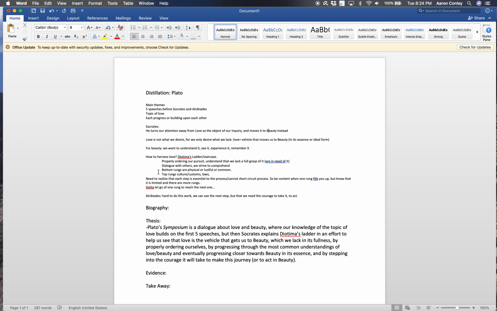We need to realize, though, and this is really important, that every single rung of the ladder is essential. We cannot skip steps. So if you're in the lustful phase of life and love, and beauty is seen in the sort of physical pleasures, then live in that. But eventually, hopefully, if you're awake at all, you will come to realize that that is not enough, that is not beauty in its fullness.